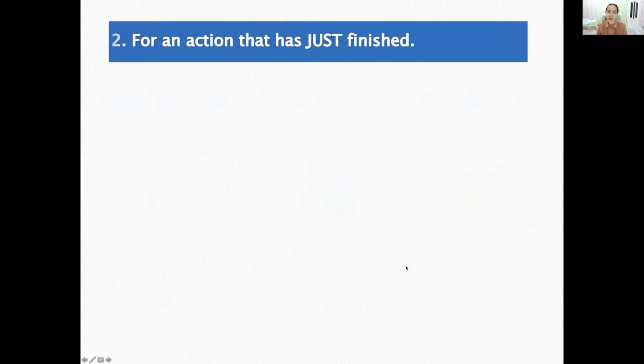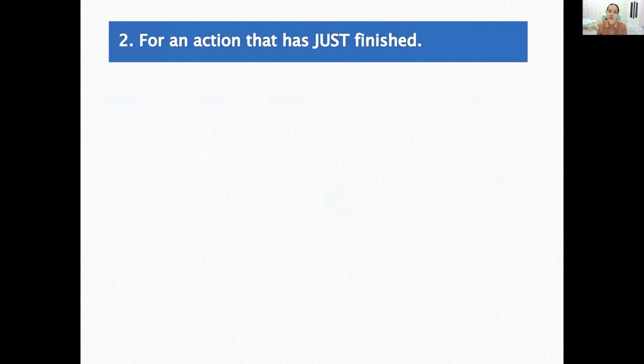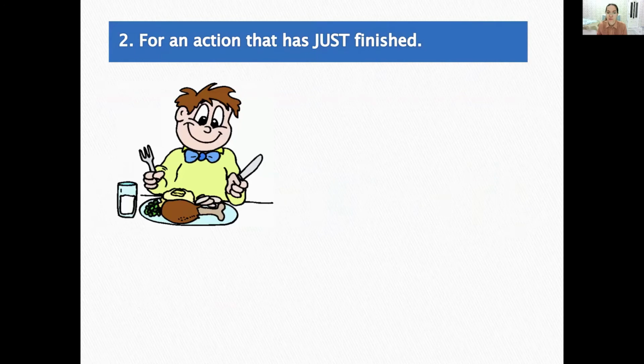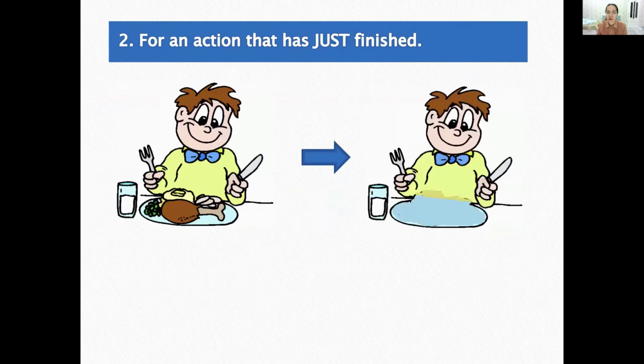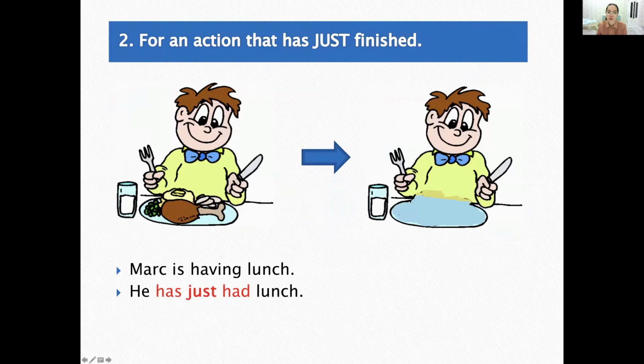Second usage. We use the present perfect for an action that has just finished. For example, here we can see Mark is having lunch in the picture. In the second picture, he has just had lunch.